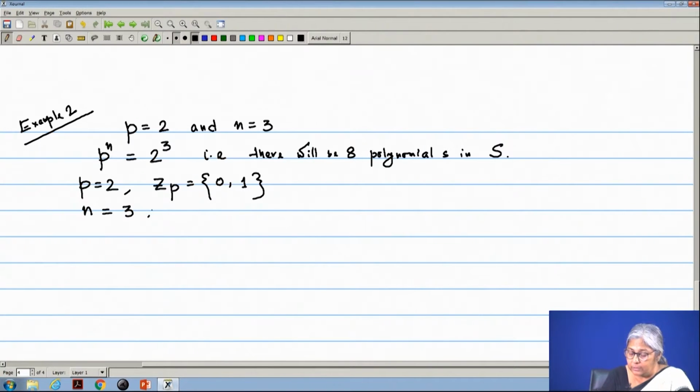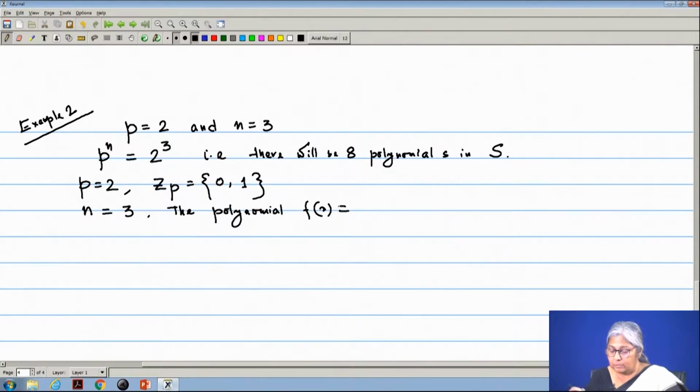So, the polynomial, if I write f(x) equal to a2 x square, because n minus 1 is 2, n equal to 3.